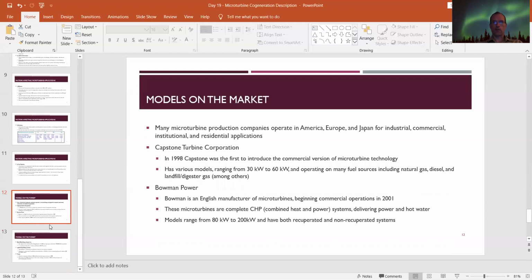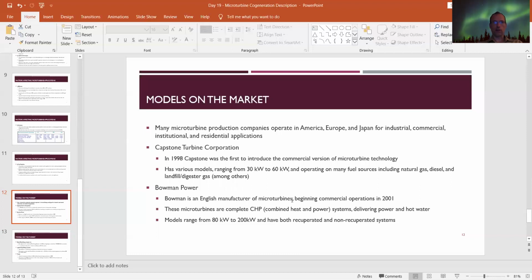And then finally, some models that you may find on the market. First one is obviously Capstone Turbine Corporation. You should be familiar with that, especially if you've started the project. You should have been to their website and seen the microturbine that you're using for your hotel and heat exchanger. This is the first company to introduce a commercial version back in 1998, about 20 years ago, and has various models.